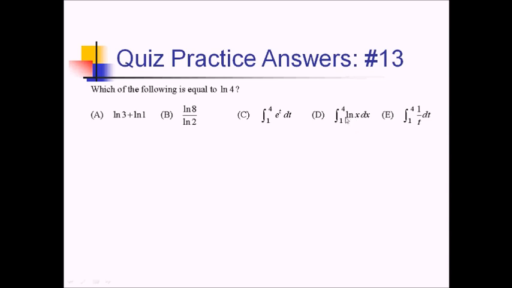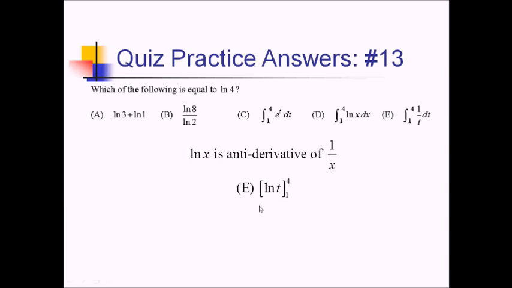Well, I don't even know the antiderivative of ln of x, so that's probably not going to give us ln of 4 in any case. And then over here, the antiderivative for 1 over t is actually ln of x. So this one I can call ln of 4 minus ln of 1.